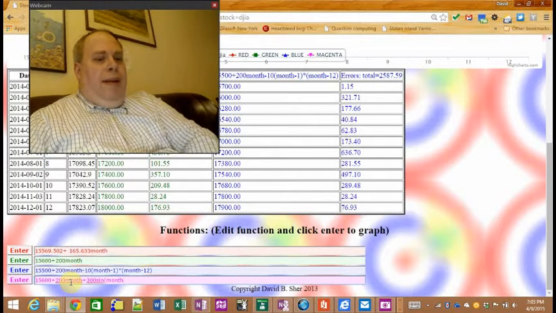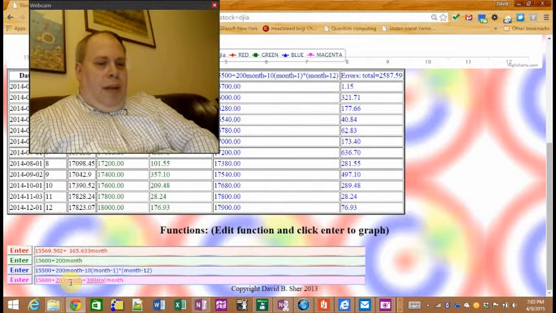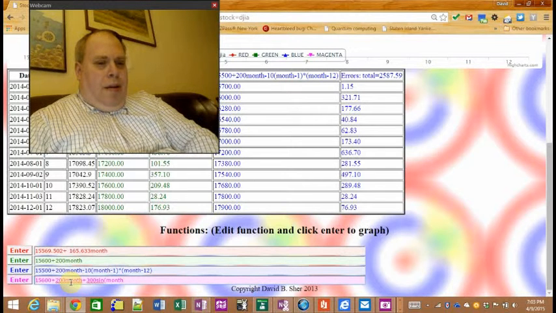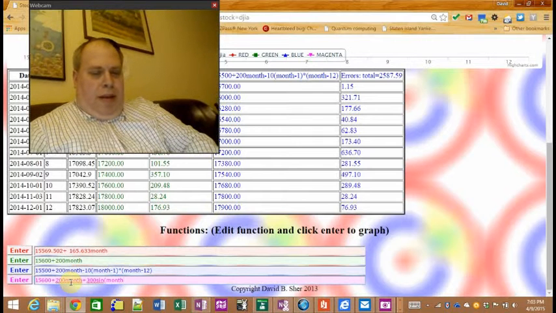Now the normal period of a sine function for a regular sine would be 2 pi, which is about 6 months. So I'm going to do month, and we're going to make it 12 months.